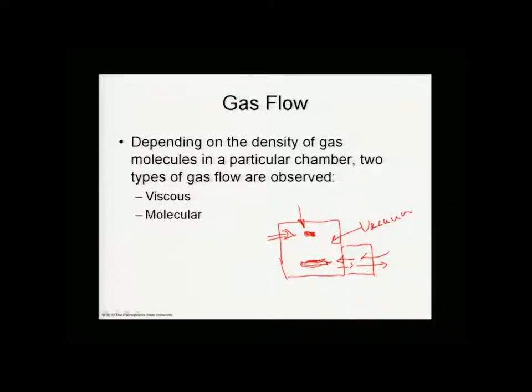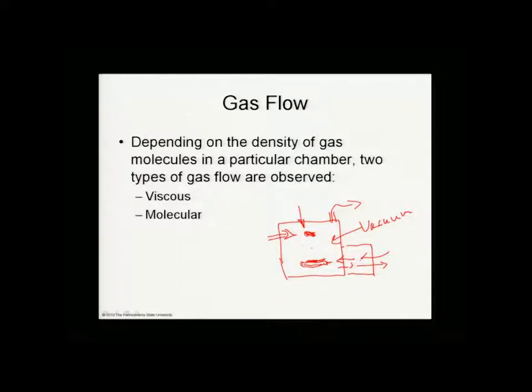In any case, in many situations we need a gas coming in, and of course we then need a way to get the gas out. We need pumping systems, and we need filters, and we need ways of getting the gas in. So there are going to be lots of situations where gases are flowing inside these processing chambers, which are vacuum chambers.